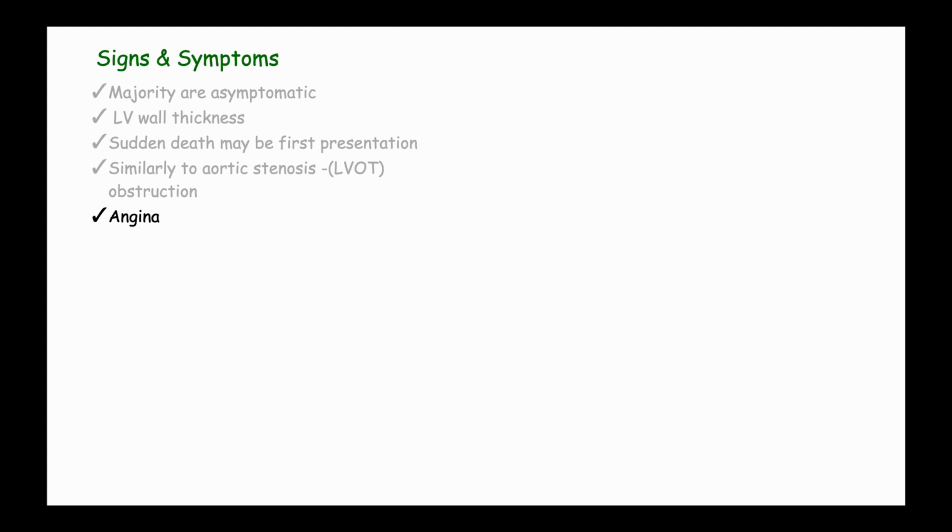We may also have dyspnea as well as presyncope and syncope on exertion. Then we may also find arrhythmias, specifically atrial fibrillation, due to conduction abnormalities in these patients. Then sudden death may also ensue.